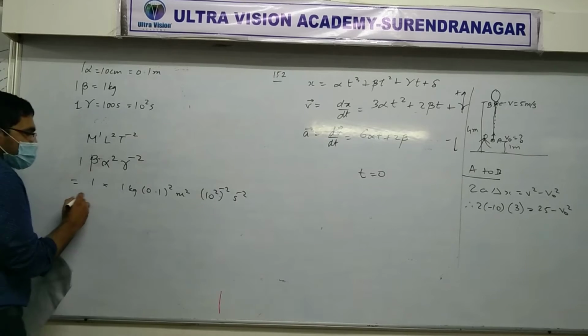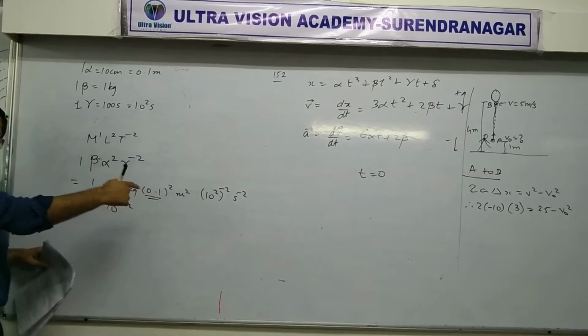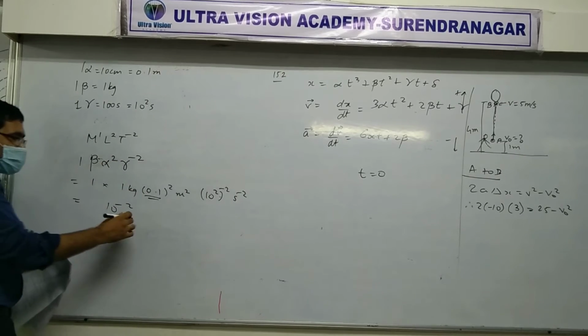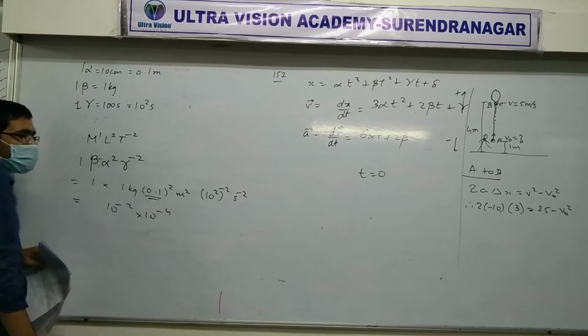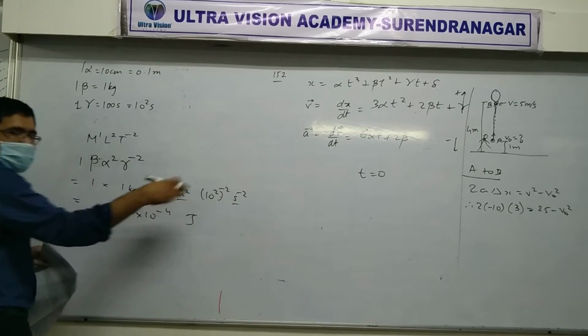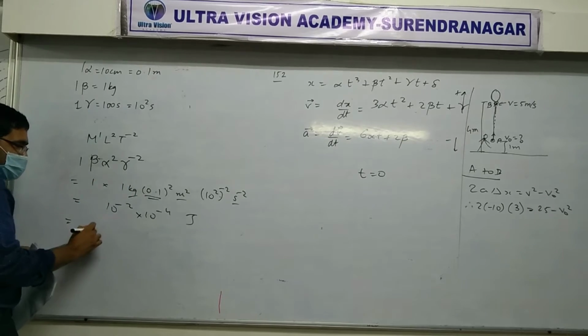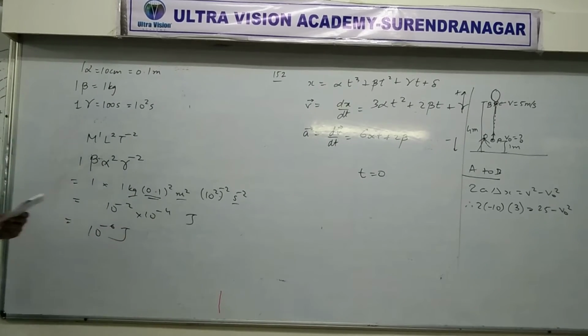So 0.1 is 10 raised to minus 1, so 10 raised to minus 2 into 10 raised to minus 2. The rest, kg meter square second raised to minus 2, will become joule, because everything is SI. So 10 raised to minus 8. Fine. This is how we typically do unit conversions, by putting in all the values.